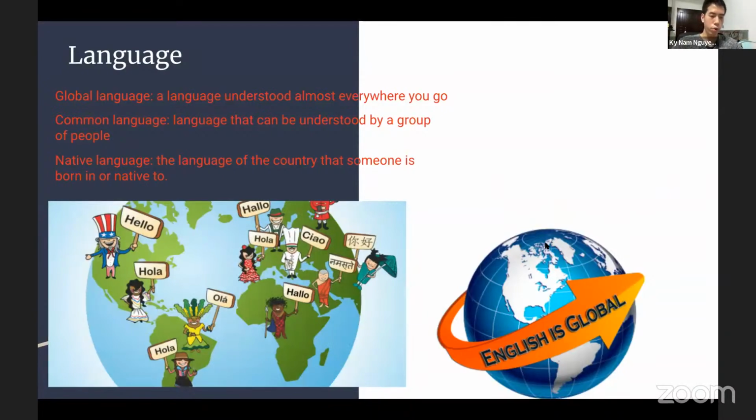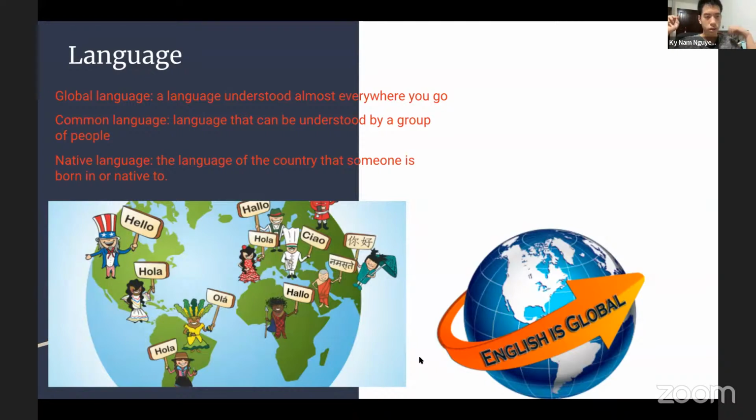So a global language is a language understood almost everywhere you go. I would say an example of a global language is English, since most places in the world have people who speak English and are able to understand the language. So English is quite a common language all around the world.